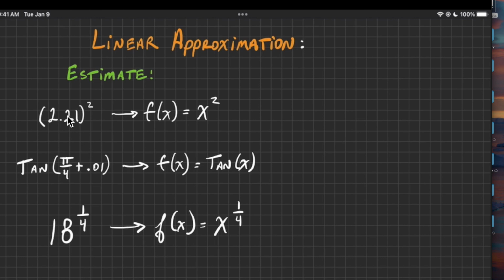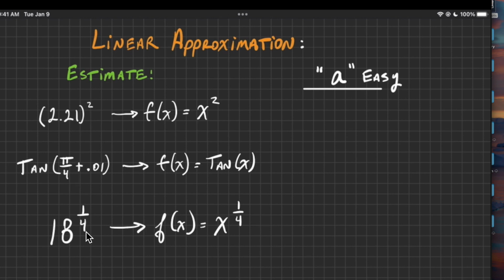The problem is that these given functions are not easy to work with. So the first thing you want to do is choose what I call an easy A. This is the A that you see in your mathematical notation in your classwork, and I'm going to refer to it as the easy A. You want to pick an input value, we'll call it A, that makes these particular functions easy.